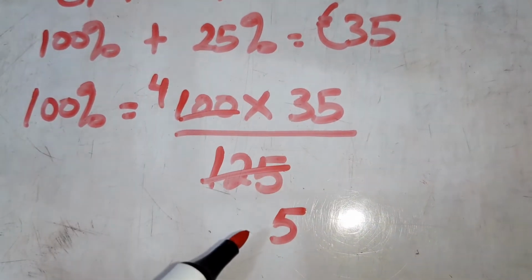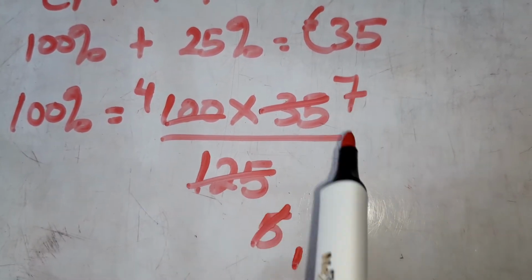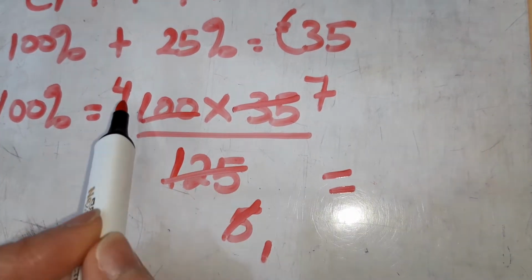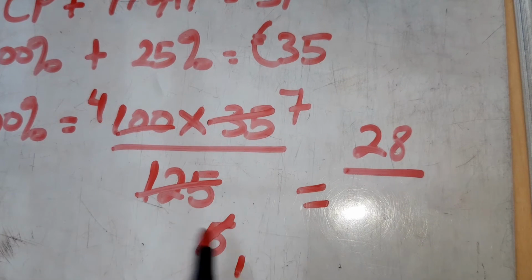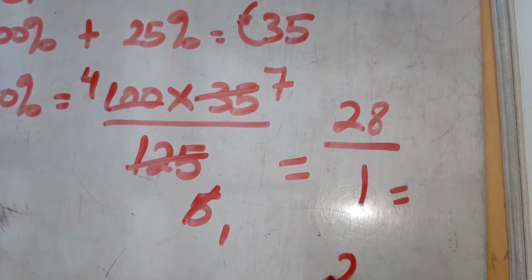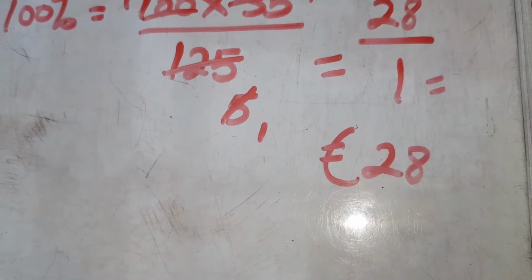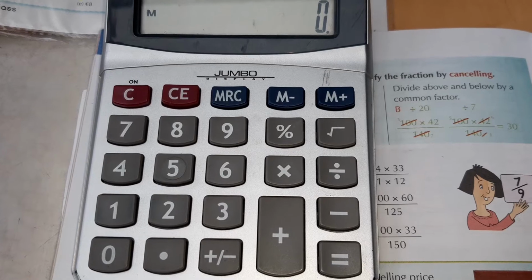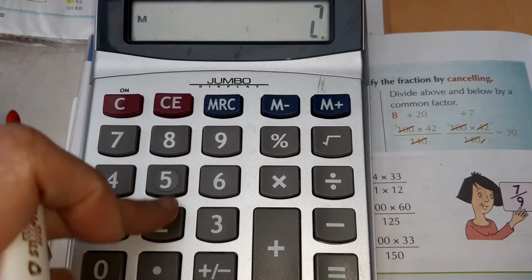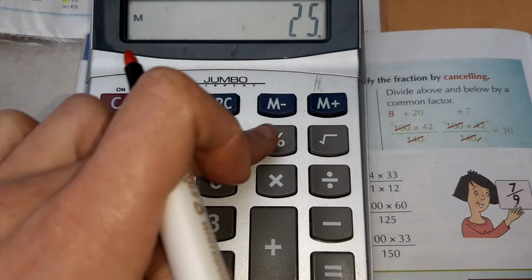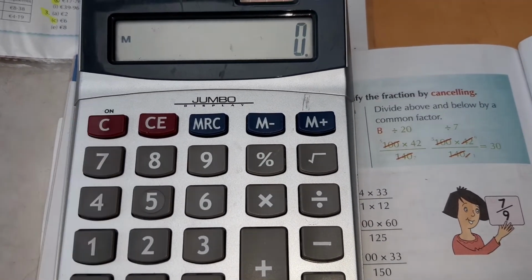Then you can cross divide these ones: 5 into 5 goes once, 5 into 35 goes 7 times. So what you're left with is 4 times 7, which is 28, over 1, which equals €28. So the cost price of that item must have been €28. To check, you can do 28 plus 25%, and you're back to 35, the selling price.